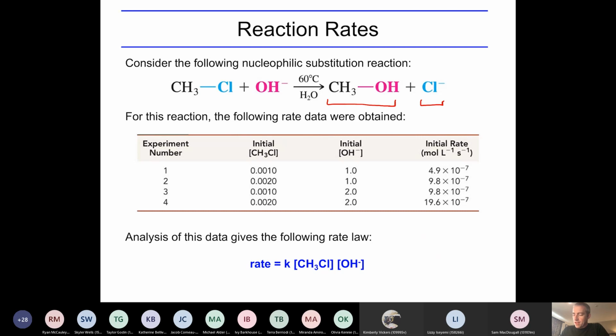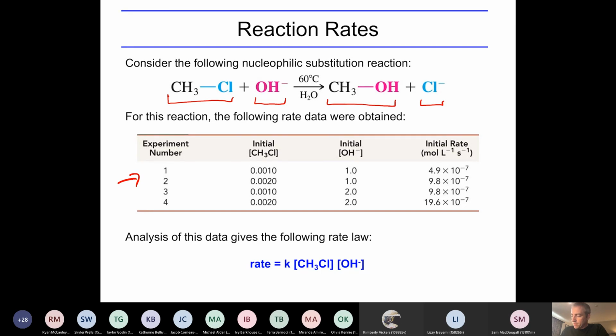So you might remember this kind of stuff from first year when we looked in the kinetics chapter at initial rates. What you do is a rate experiment where you vary the concentration of the starting materials. If you vary the concentration of the alkyl halide or the base, you can repeat this experiment several times and measure the initial rate of reaction.